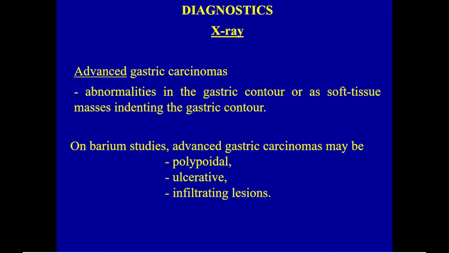Advanced gastric carcinoma: abnormalities in the gastric contour or soft tissue masses indenting the gastric contour. On barium studies, advanced gastric carcinomas may be polypoid, ulcerative, and infiltrating lesions.